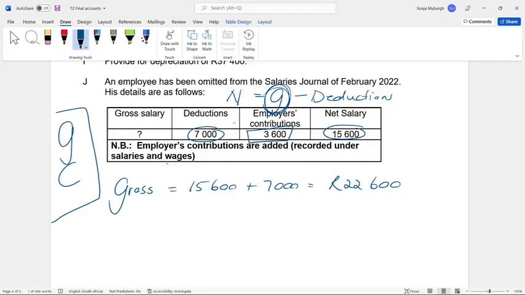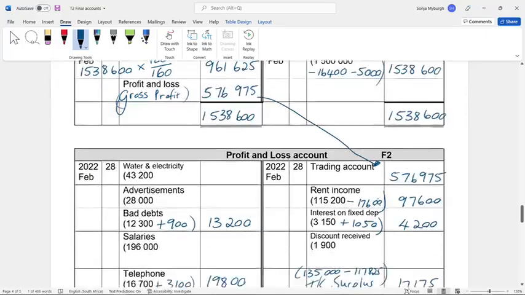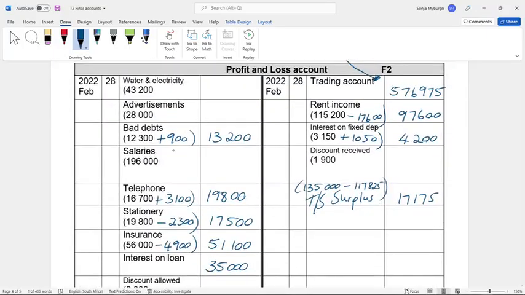All the rest must be shown on the post-closing trial balance under liabilities. Profit and loss account, salaries, we add the gross salary that we've calculated, 22,600.